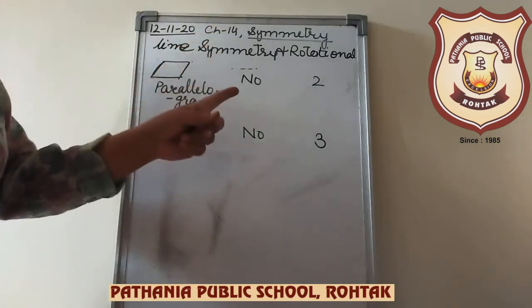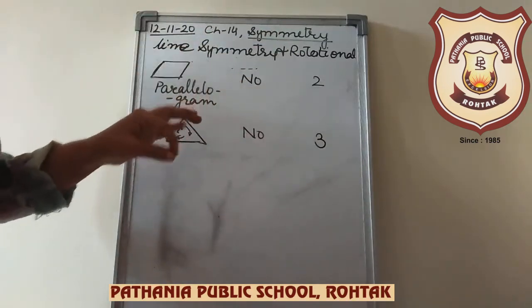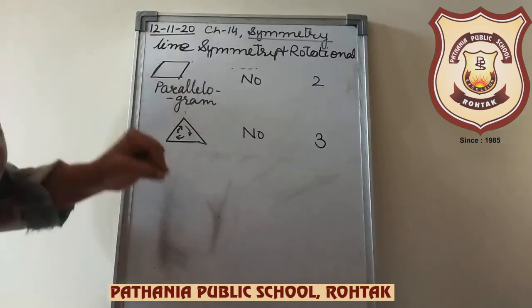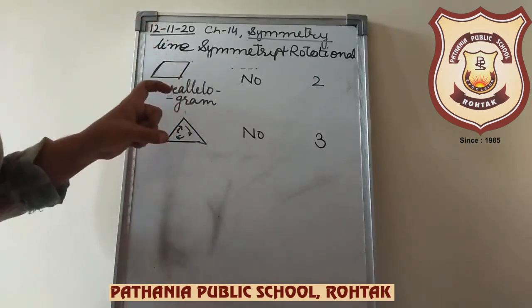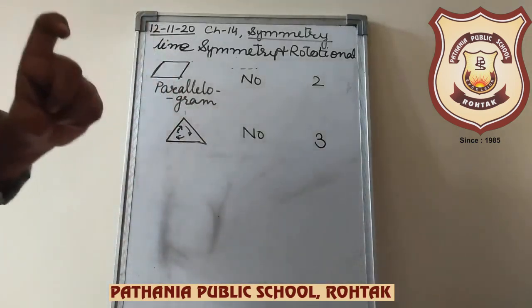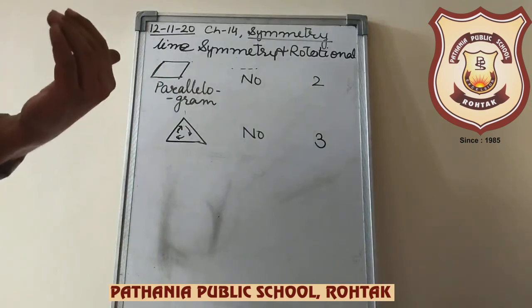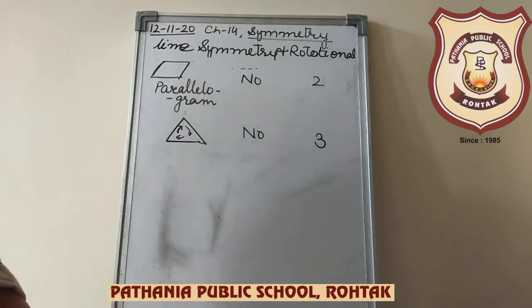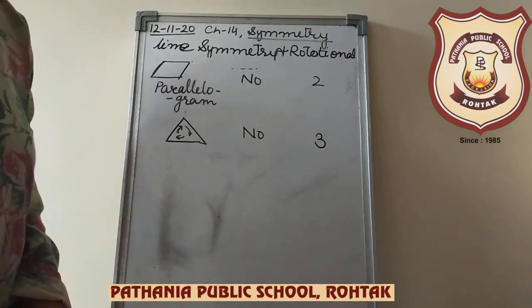And in rotational symmetry, during a complete rotation, how many times you get the same picture, the same image which was in the beginning from where you started, that is called the order of rotation. So this is about your chapter symmetry, and we have finished our syllabus, and now we will start up with the revision.